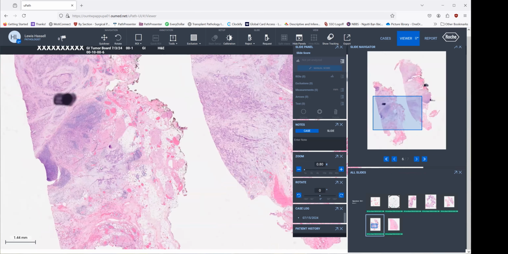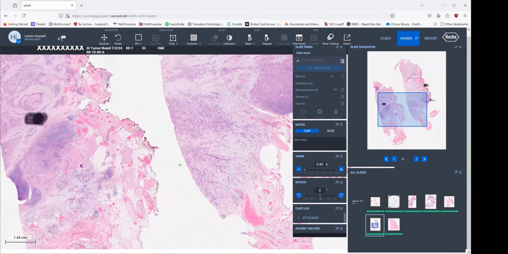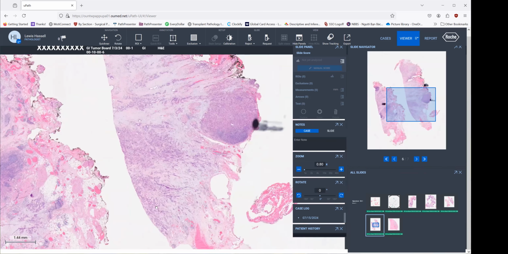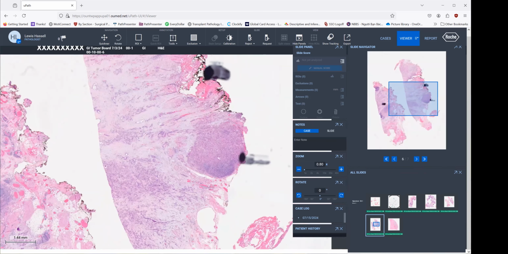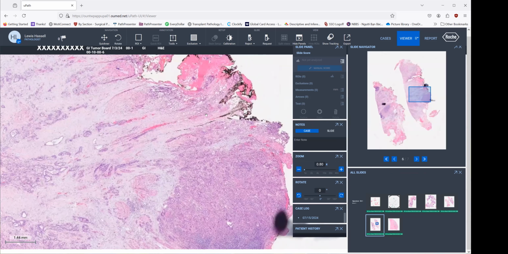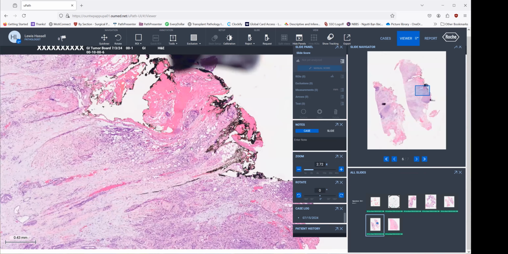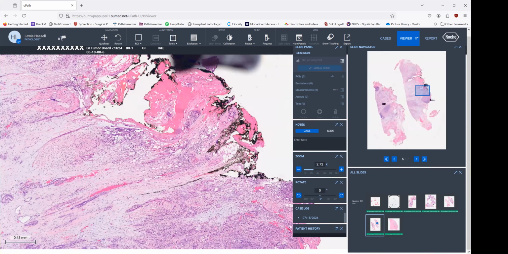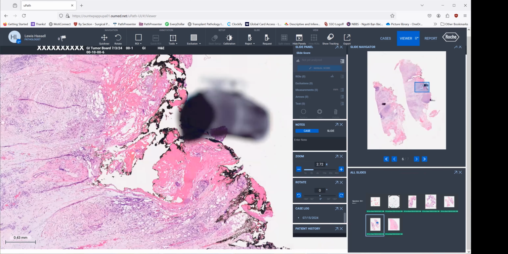So with neoadjuvant treatment for pancreatic cancer, it can be very difficult to get good clear margins. And here you can see the reason why we submit lots of blocks for frozen section: to identify sites like this and hopefully get a clear margin.